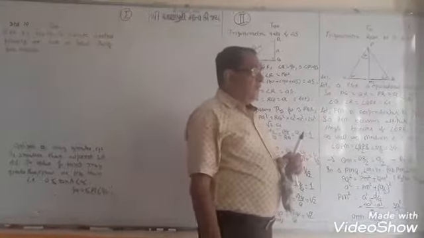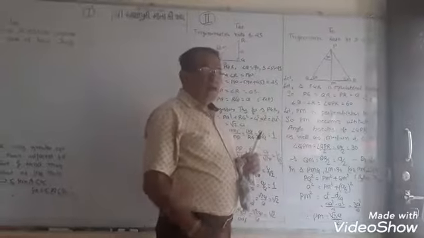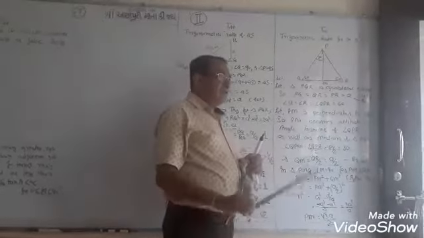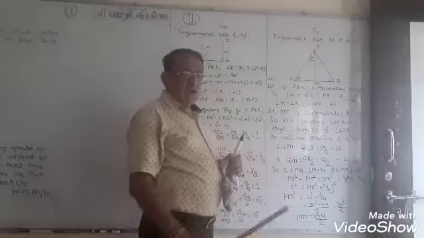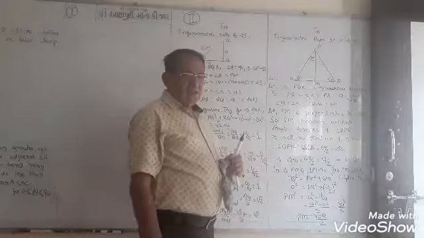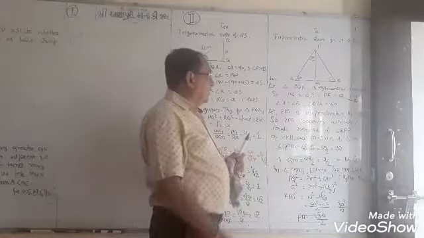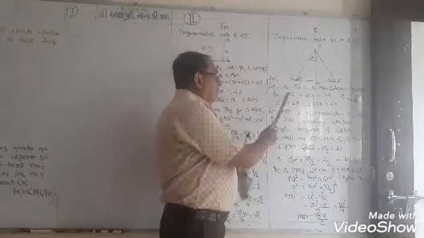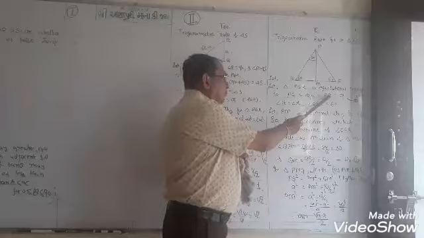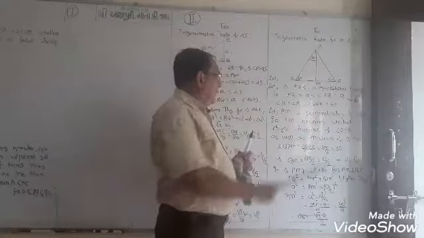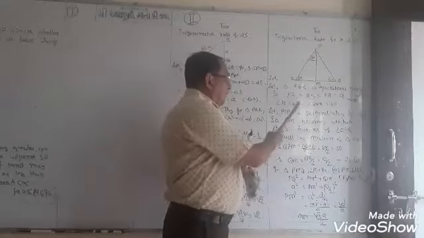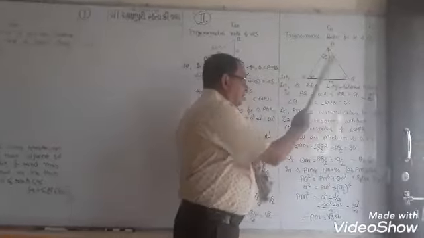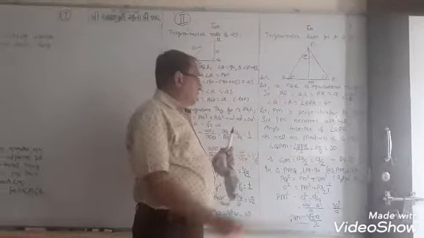What is meant by an equilateral triangle? If all angles are equal and all sides are equal, it is known as an equilateral triangle. PQ is equal to QR is equal to PR is equal to A. That means P is equal to Q is equal to R is equal to 60.